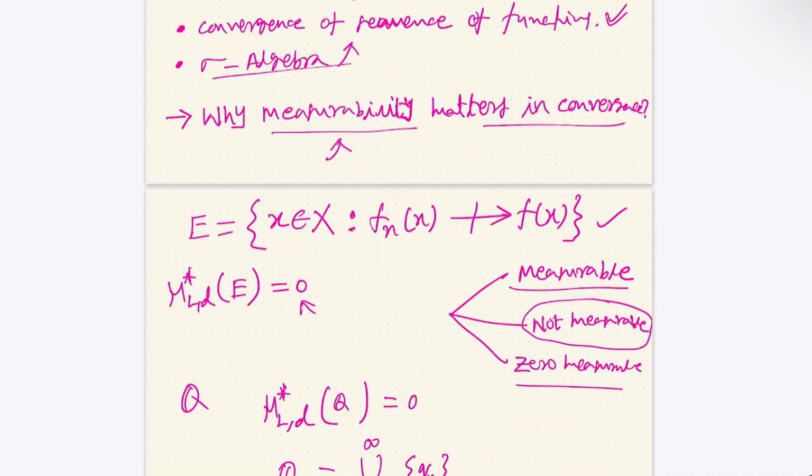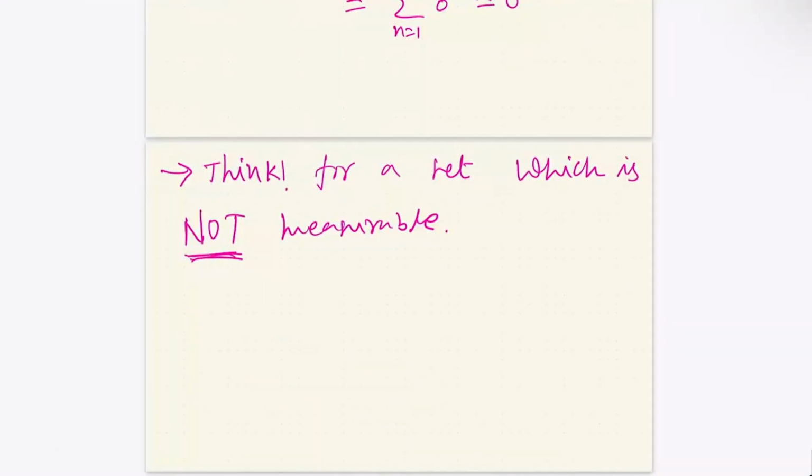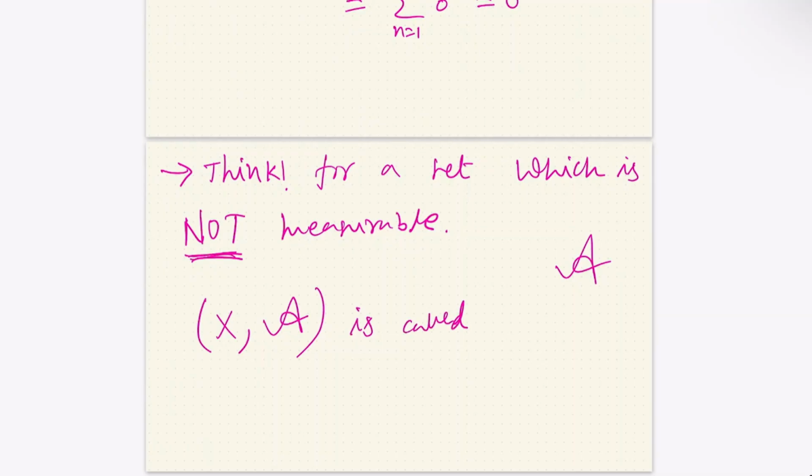Yeah. So the sigma algebra definition is actually for measurability only. The motivation for the definition is measure. That is why, when X with a sigma algebra A is taken, it is called a measurable space.